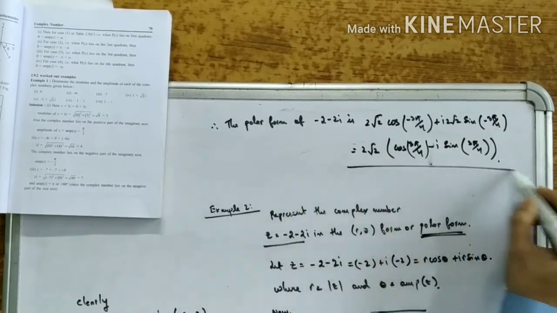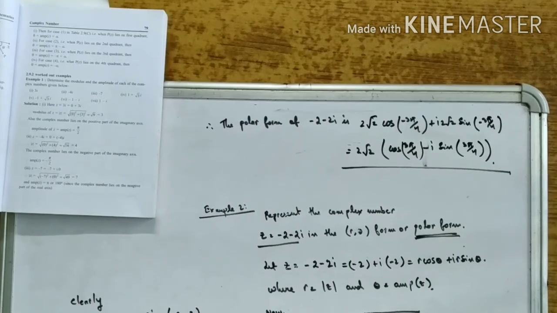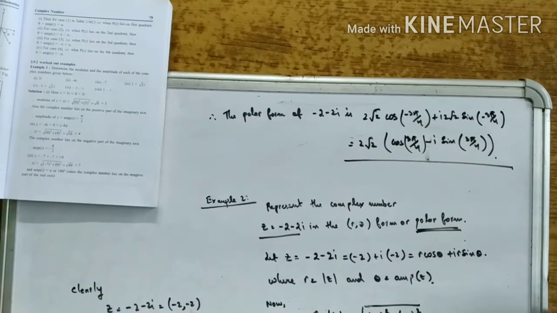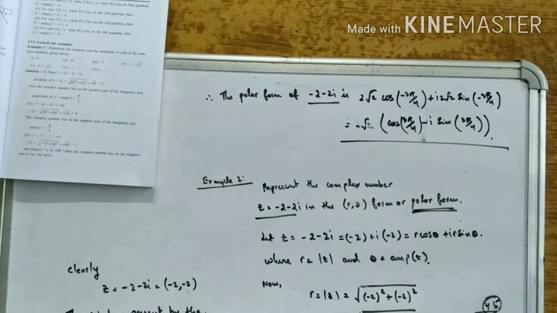So this is our polar form of this complex number, minus 2 minus 2i.